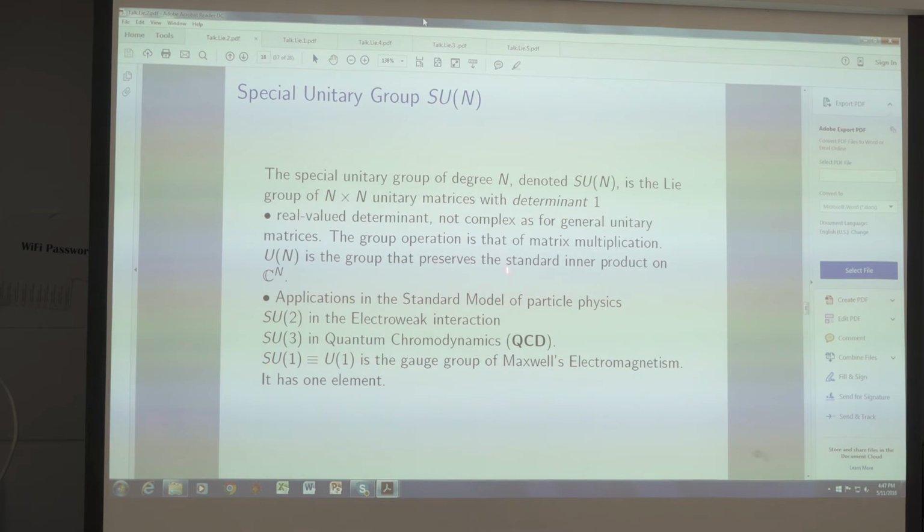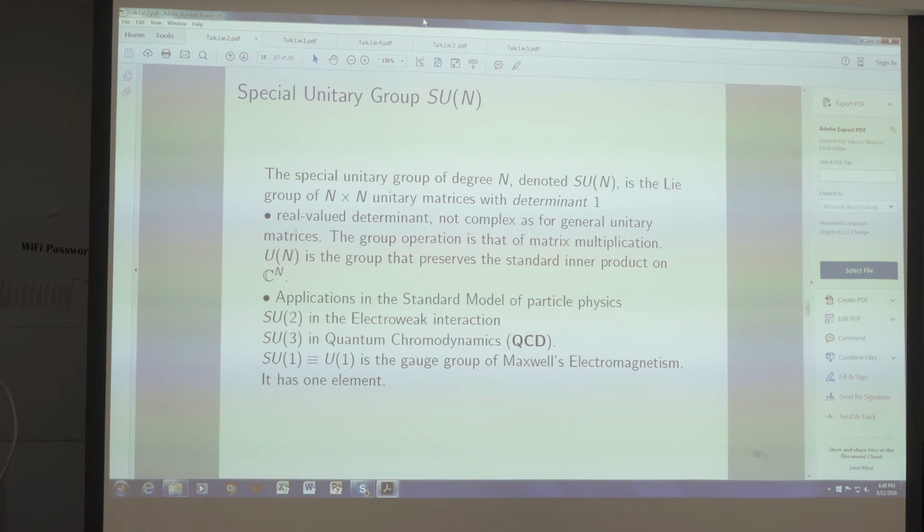Okay, what are the applications in physics? We know that the SU2 is the gauge group of the electroweak interaction. We know that the SU3 is the gauge group in quantum chromodynamics. We know that U1, in that case there's no difference between the special and the unitary, because you only have one, is the gauge group of Maxwell's electromagnetism. The direct sum of these is in the SU5.